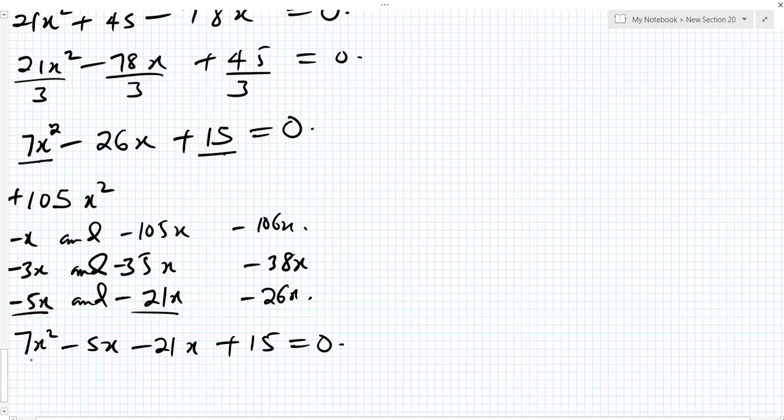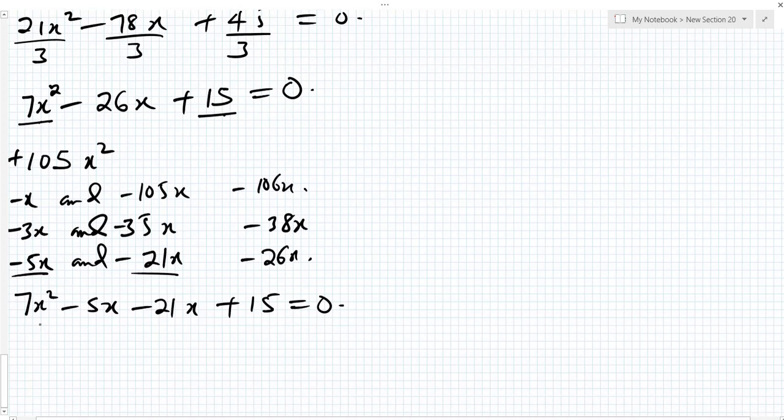So if we now solve this, what is the common factor of this and this? The common factor is x. So you have 7x. If x divides 7x squared, you have 7x. x divides minus 5x, you have minus 5.